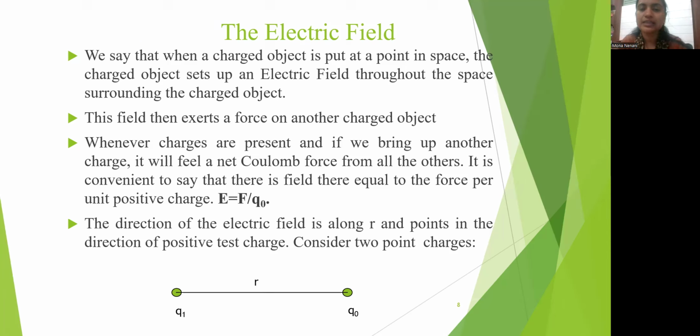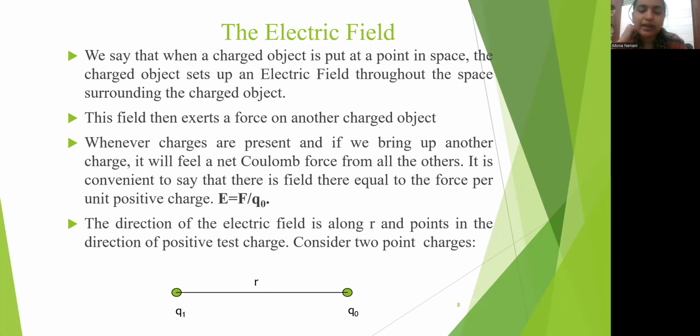This field then exerts a force on another charged object, and we have seen that force in the last slides. Which was this force? Yes, this was the electric force, or we can also call it Coulomb's force, denoted by the formula K Q1 Q2 upon r square, right? So whenever charges are present, and if we bring another charge, it will feel a net Coulomb force from all the others.